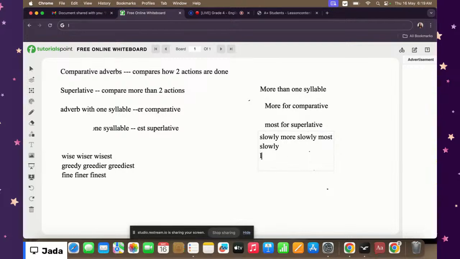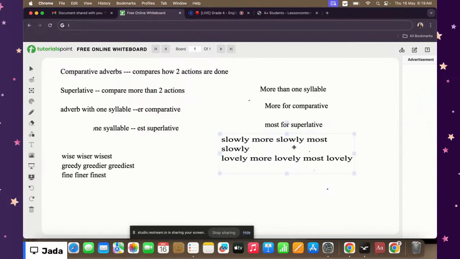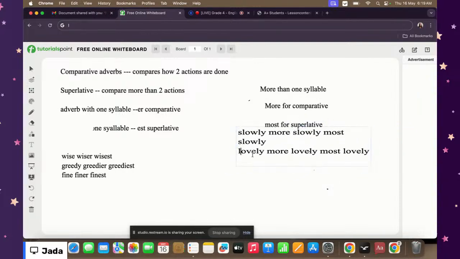So we can have lovely, more lovely, most lovely. Okay, like this.